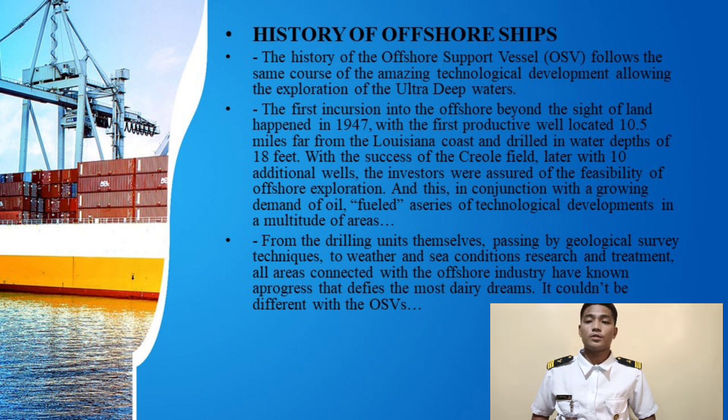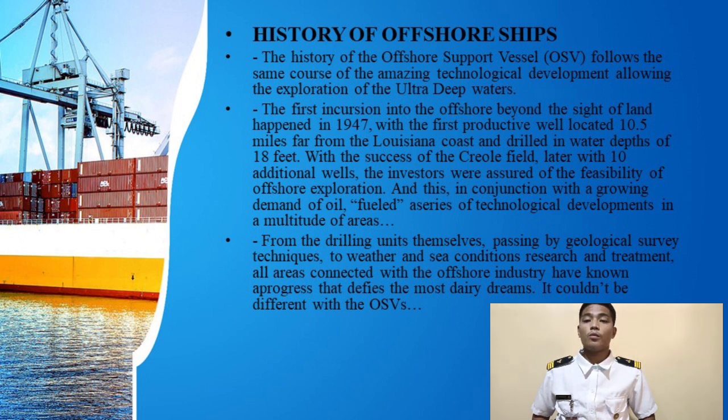History of offshore ships. The history of the offshore support vessel, or OSV, follows the same course of the amazing technological development allowing the exploration of the ultra deep water. The first incursion into the offshore beyond the sight of land happened in 1947, with the first productive well located 10.5 miles from the Louisiana coast and drilled in water 18 feet deep, with the success of the Creole field.